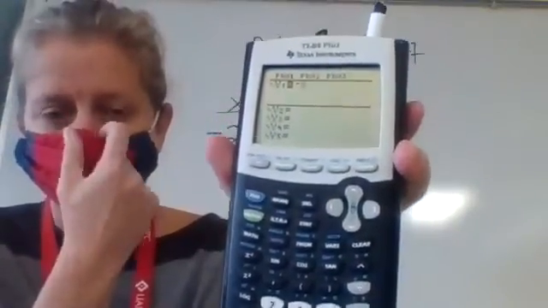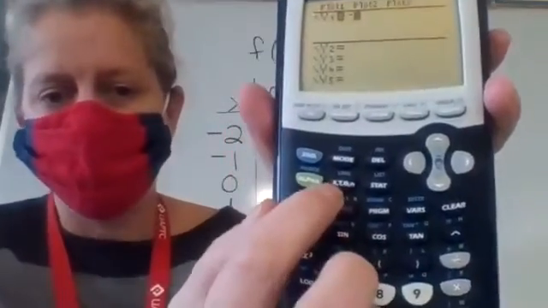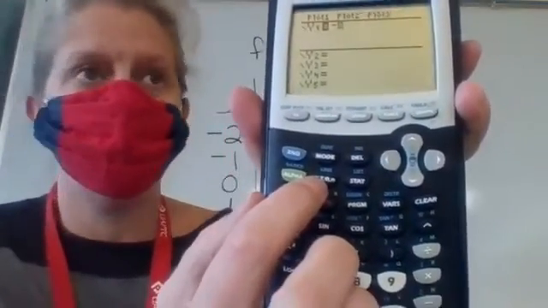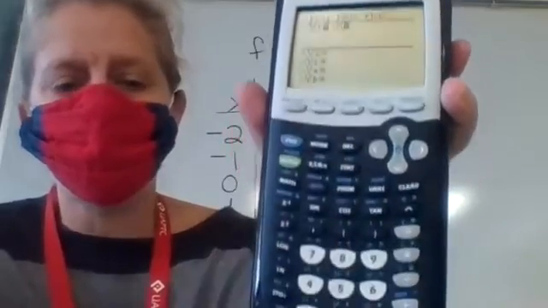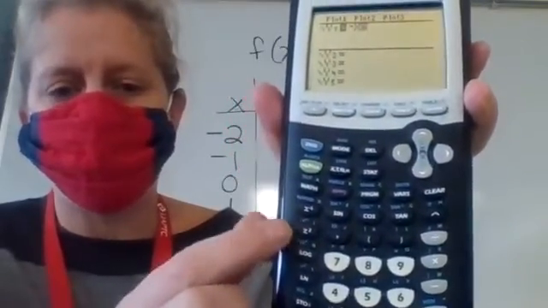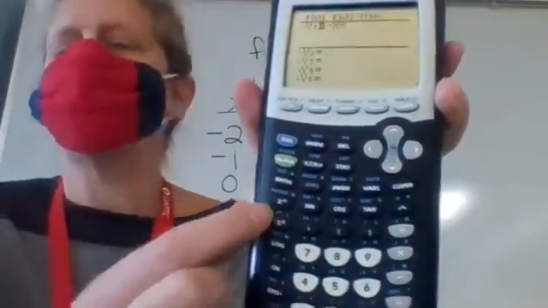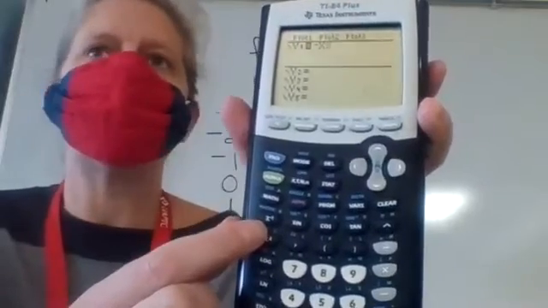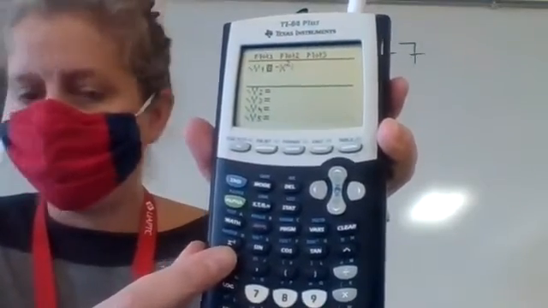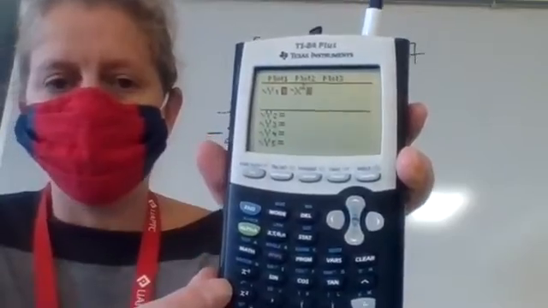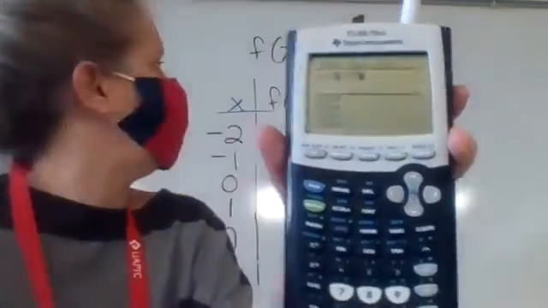So negative, then again, there's my X button, the one that has all the letters on it. And it's squared again, so I'm just going to hit that X squared button, right? It just gives me the exponent. It doesn't give me the X. So negative X squared.